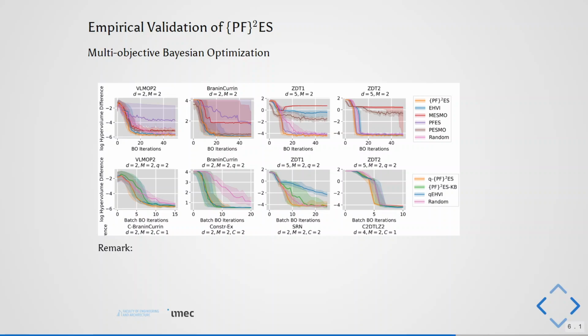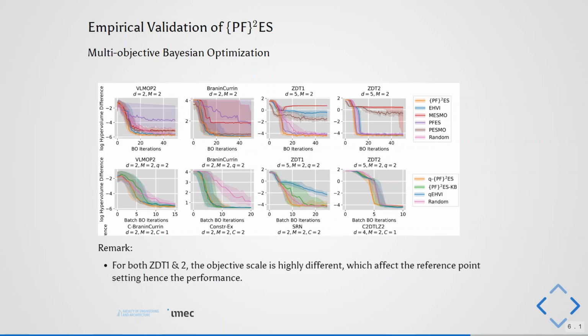There is also one thing to remark: EHVI is actually a quite well-known gold standard acquisition function in multi-objective Bayesian optimization. But here, for ZDT1 and ZDT2, it performs noticeably worse compared with PF2ES.